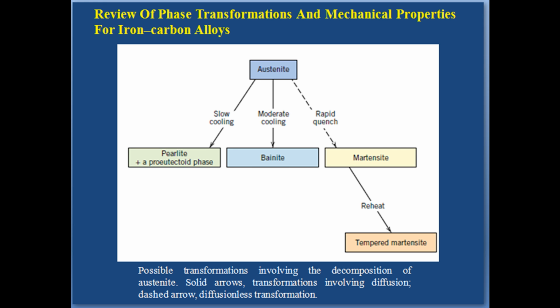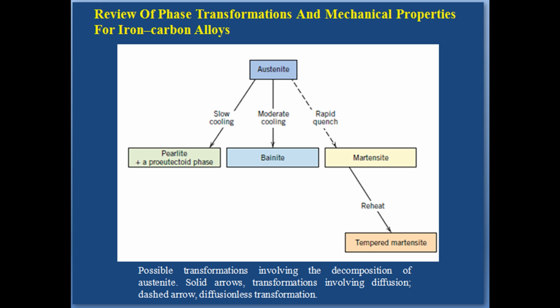Transformation of austenite with slow cooling will give pearlite as the transformation product. Austenite with moderate cooling will give bainite as the transformation product, which involves diffusion, and in diffusionless transformation with rapid quench we will get martensite and tempered martensite as the transformation product of austenite.